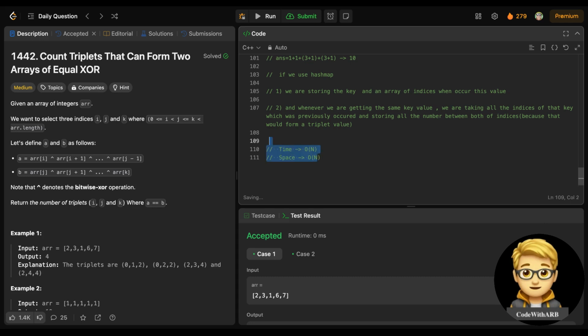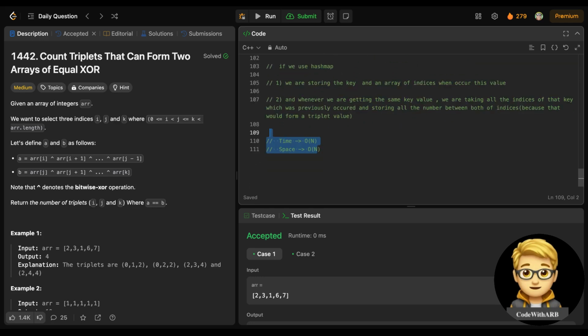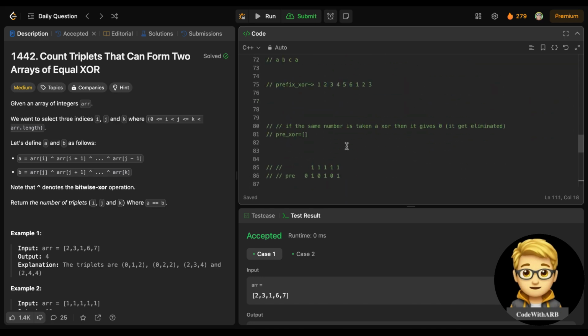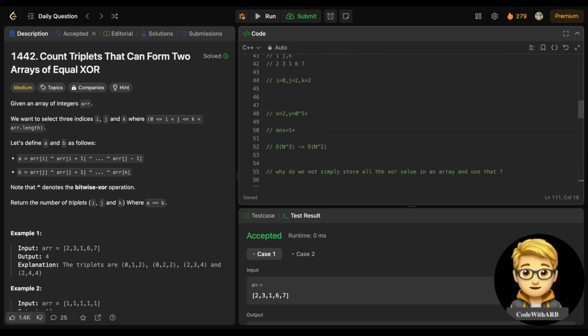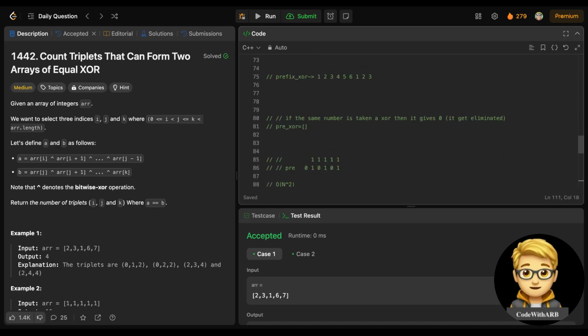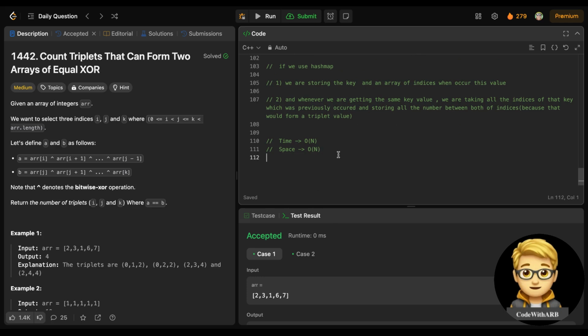So this is how we will solve this problem. I hope you will understand. Here only three properties have been used. The first property is, if you take XOR of any number with zero, it generates the same number, right? The second property is, if you take XOR of the same elements, it will give zero.